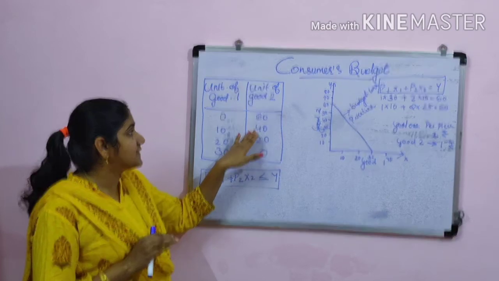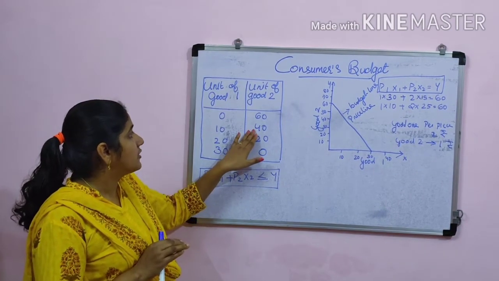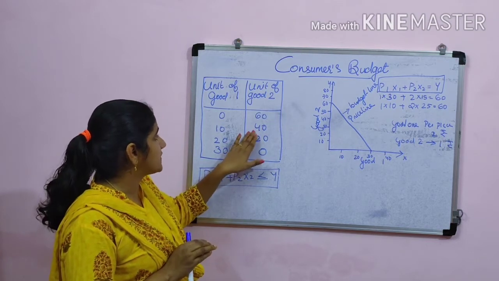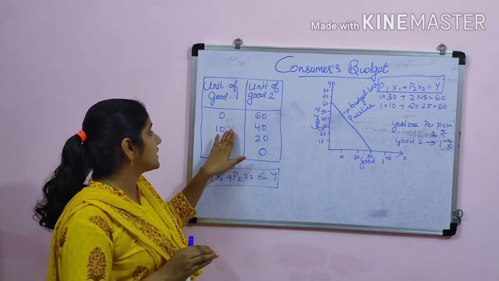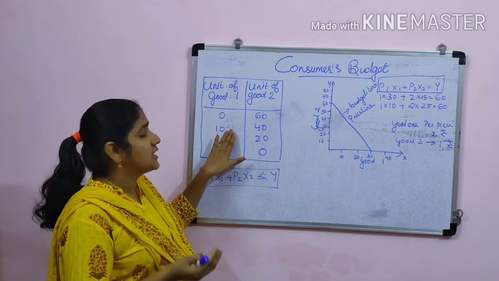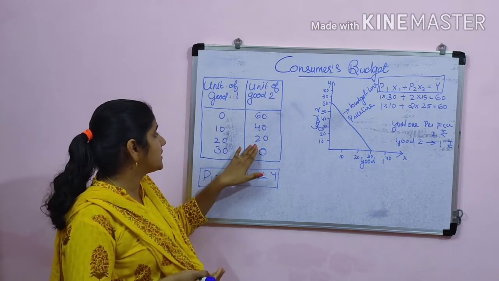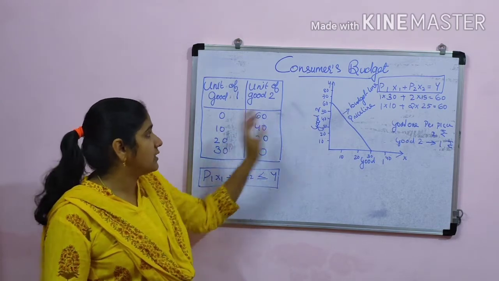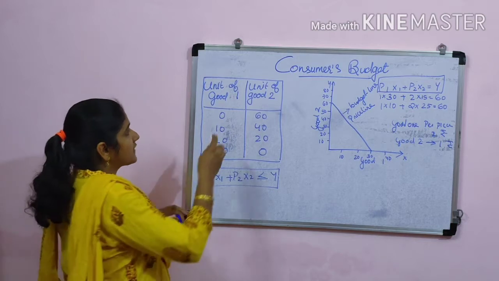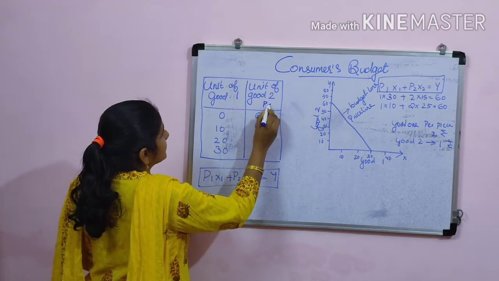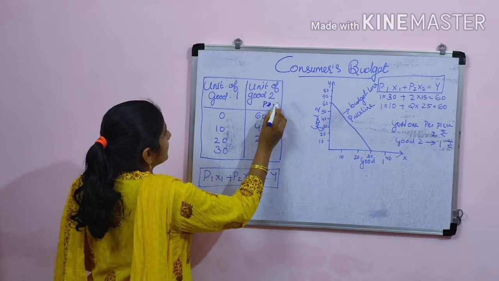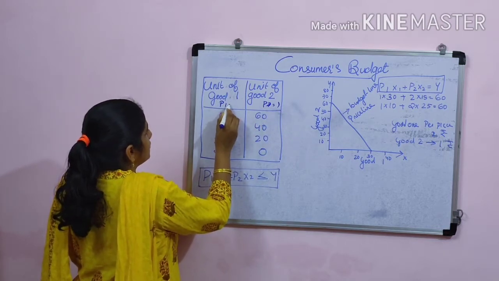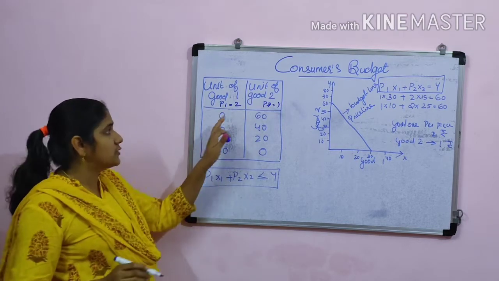Otherwise, when he is spending 40 rupees on good 2, then he may be able to purchase 10 of good 1. Here I will be explaining that we are assuming that the price of commodity number 2 is 1, and the price of commodity number 1 is 2. This also you have to keep in mind.